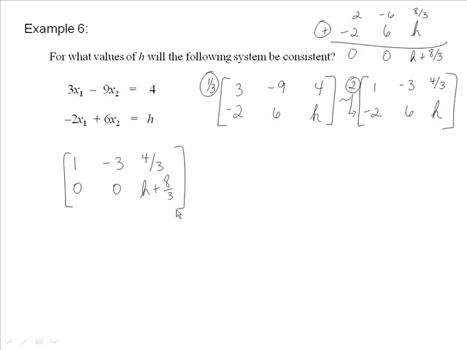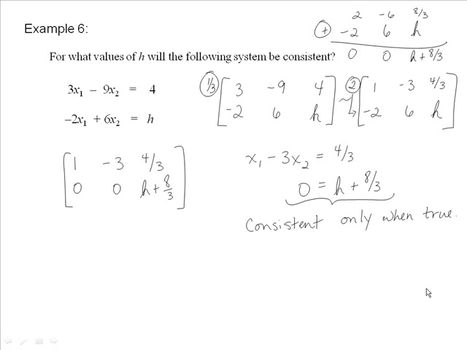So now I want to determine if it's consistent or not. If I convert it back, this means that I have x1 minus 3x2 equals 4/3, and then I have 0 equals h plus 8/3. So this equation tells me that it's consistent only when this equation is true. So we need to solve for h to find what value of h will make that equation true.